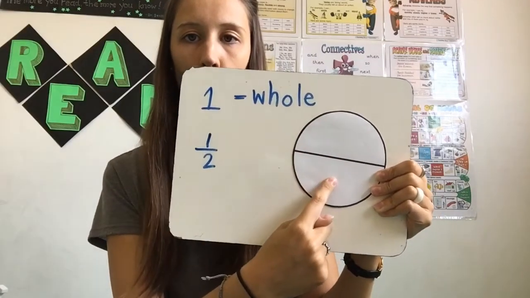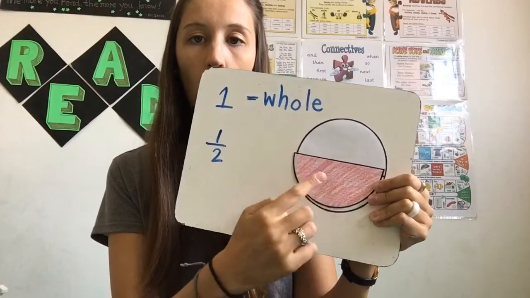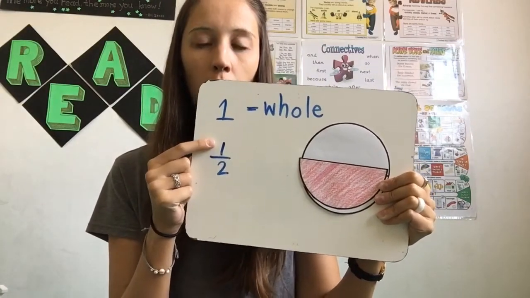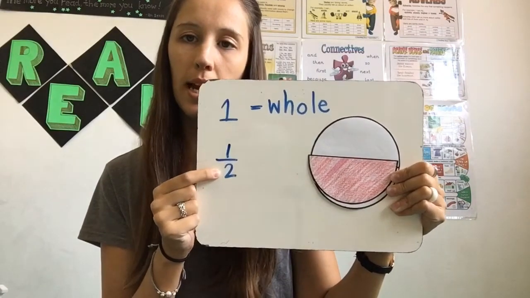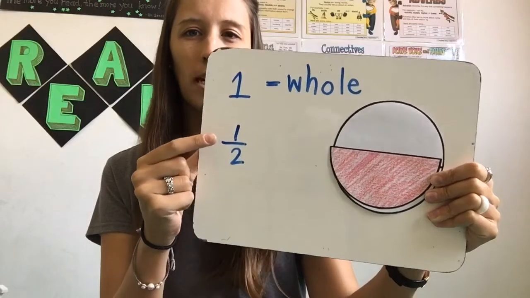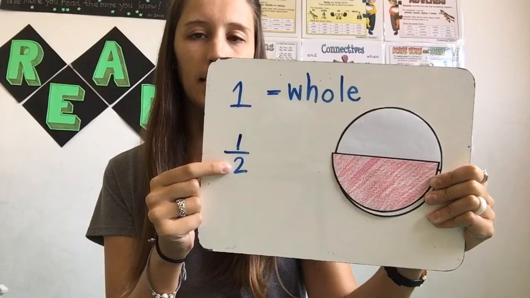1, 2. And I give my friend 1 of the 2 pieces. Do you understand? I give my friend 1 of the 2 pieces.